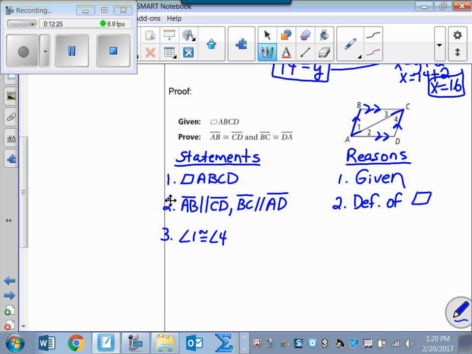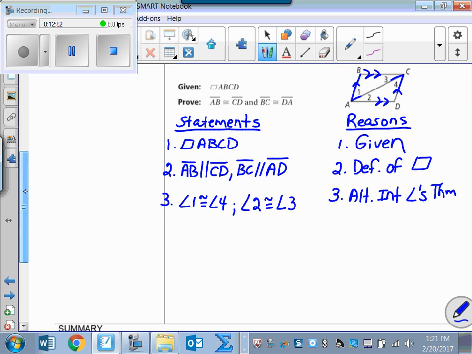Because what kind of angles are they? They're alternate interior angles, and I have the same scenario with angles 2 and 3, right? So I can say angle 2 is congruent to angle 3, and both of those are because of the alternate interior angles theorem. Okay, so that's congruent to that. That's congruent to that.